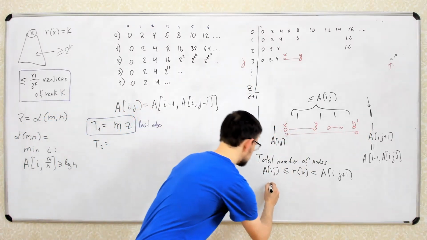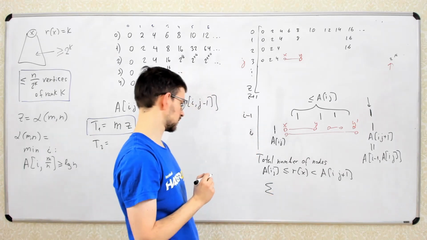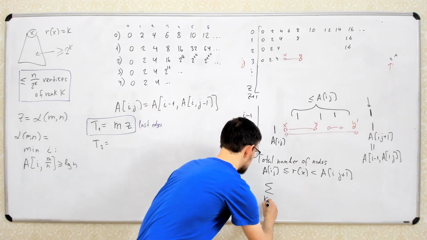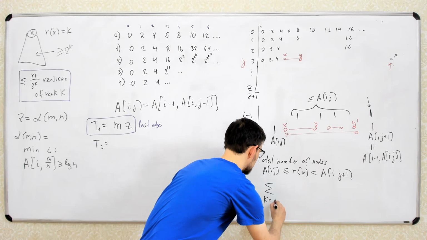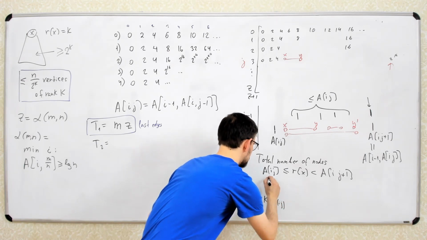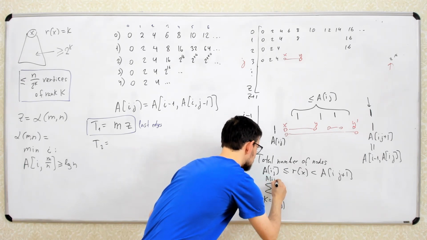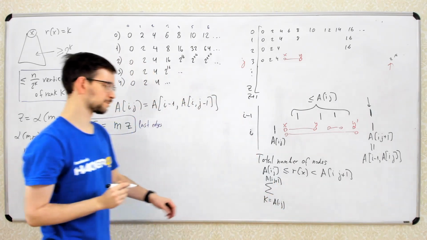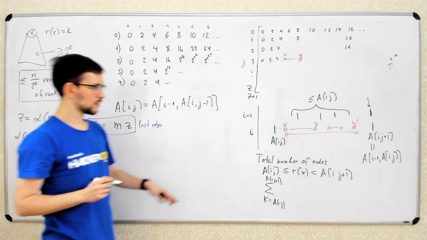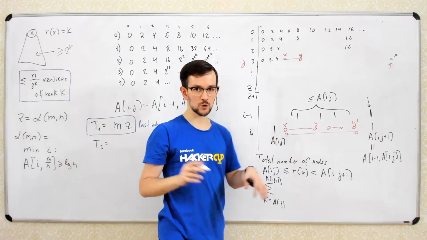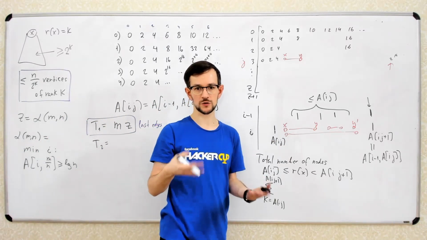It will be a sum for k from Aij to Aij plus 1. For each rank, let's calculate the maximal possible number of nodes on this rank.